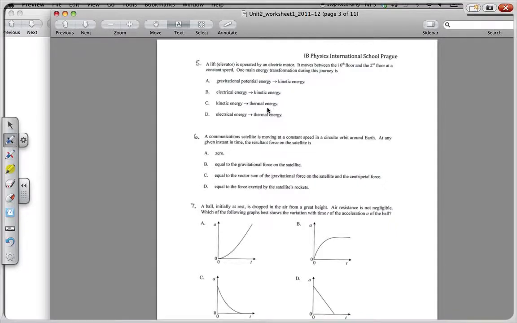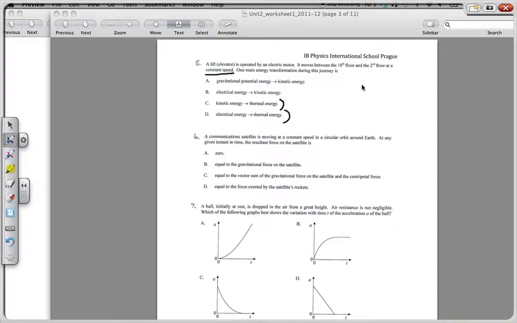There's definitely going to be thermal energy, because as it's going down, it must be braking. There must be brakes, and that's friction, and that friction is going to cause thermal energy. So basically, we've got these two over here, and because it's going at a constant velocity, the kinetic energy is remaining the same. You see how it says there it's a constant speed.